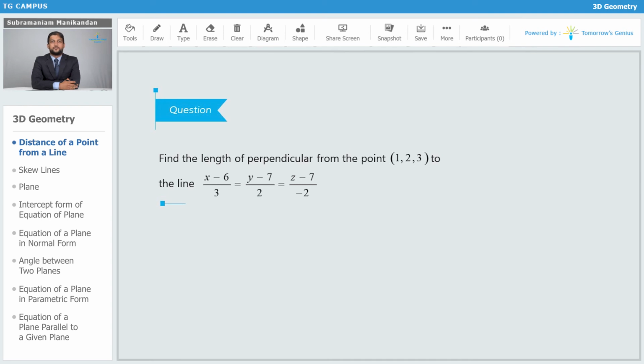So here goes the first example of this type. Find the length of perpendicular from the point (1, 2, 3) to the line (x minus 6)/3 equals (y minus 7)/2 equals (z minus 7)/minus 2.